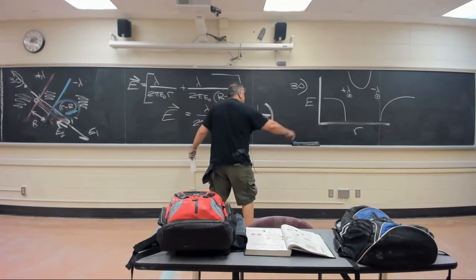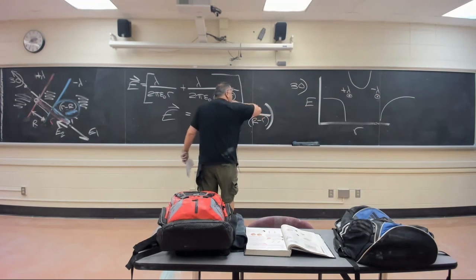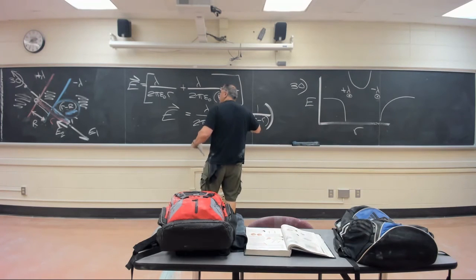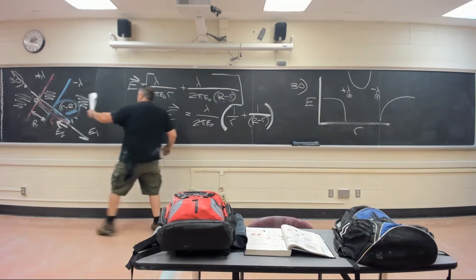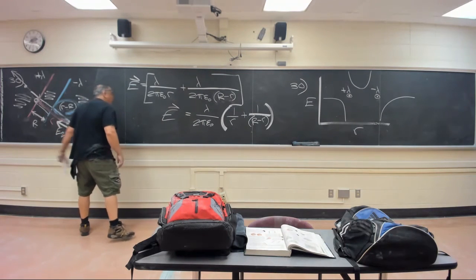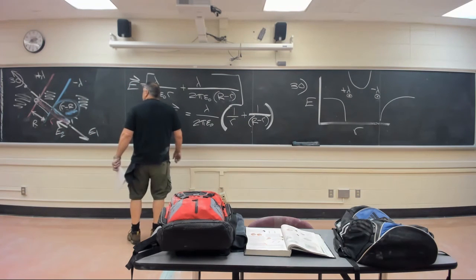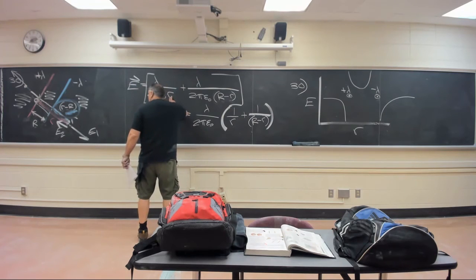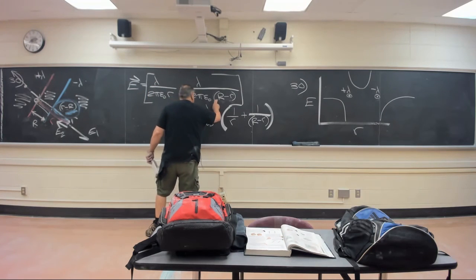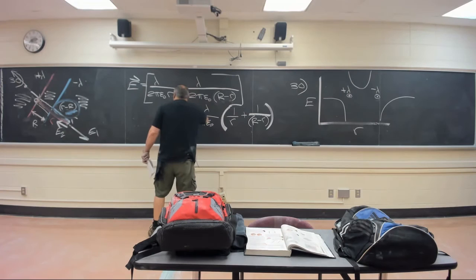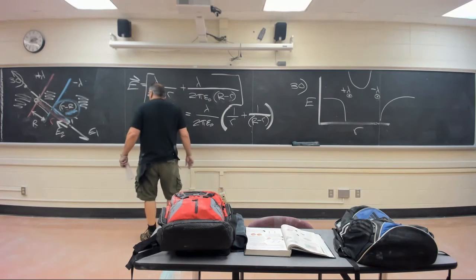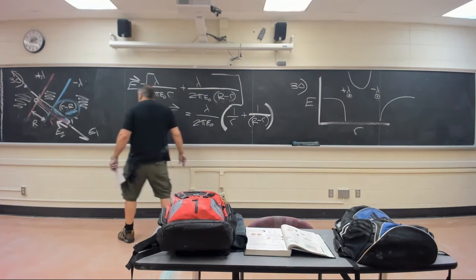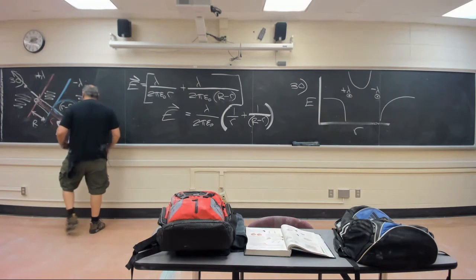Because when you get to the distance of capital R from this one, and this guy's capital R minus capital R is 0, it blows up as you get close to it.